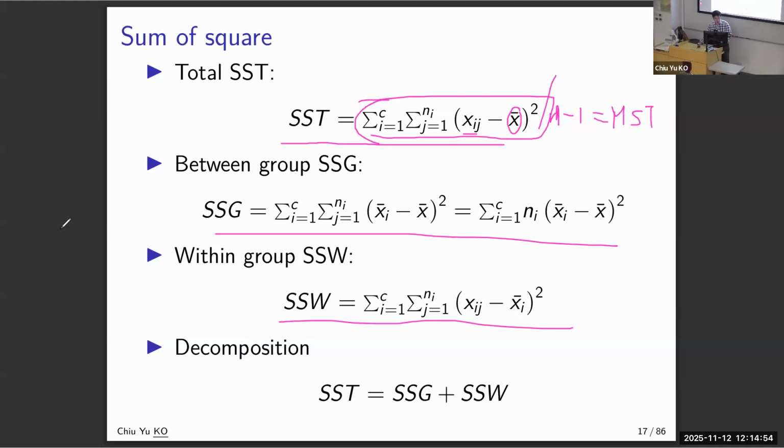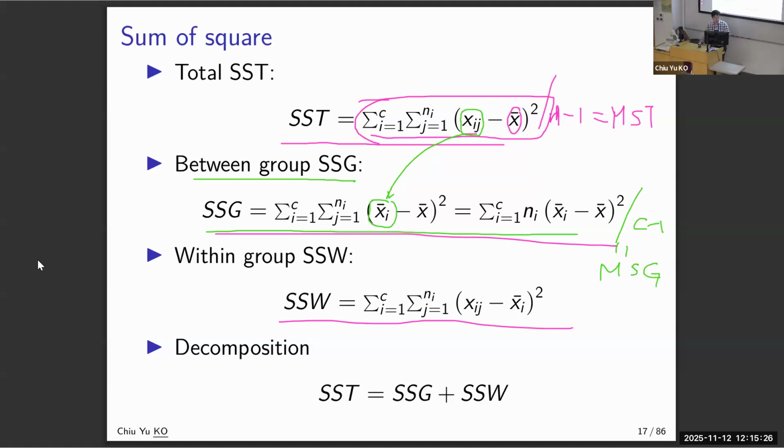The next one is you calculate variance only between groups. What we're going to do is same as before, but instead of using each individual data, you replace it by the mean of that group. You calculate the SSG, and if you divide it by c minus 1, this is MSG.